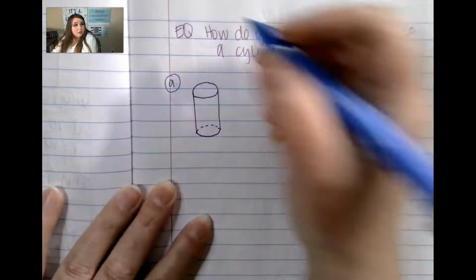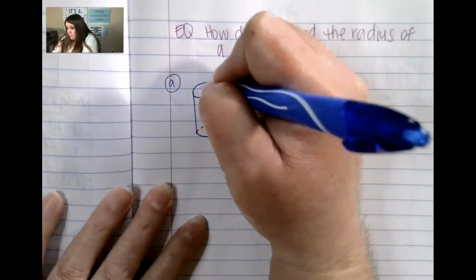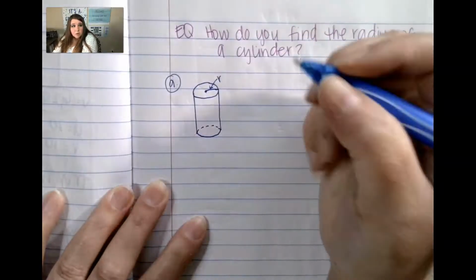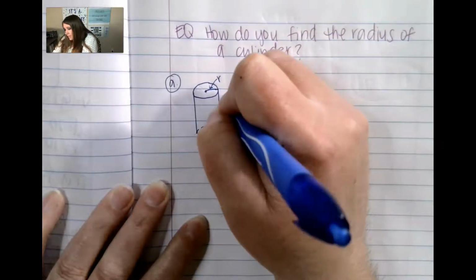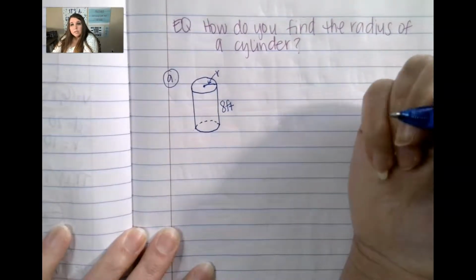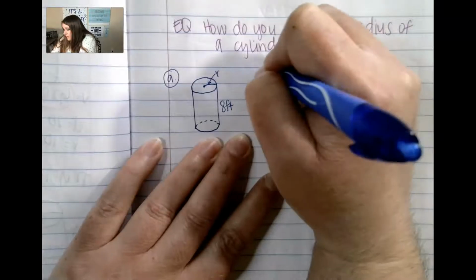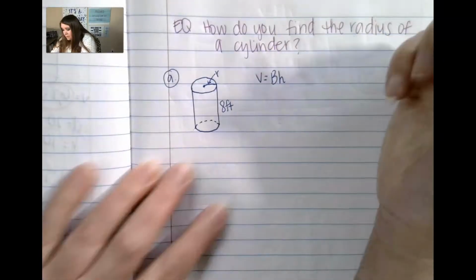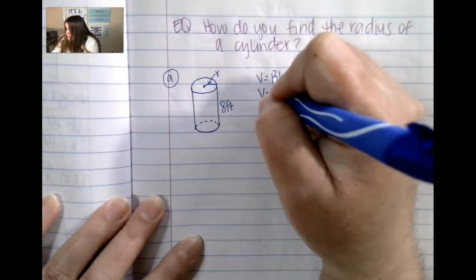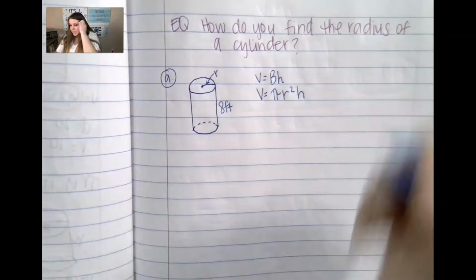Our cylinder has a radius that is unknown. So we don't know the radius. Our height, though, is 8 feet. We're still going to use the same formula of the volume equaling the area of the base times the height, or volume equals pi r squared times the height.